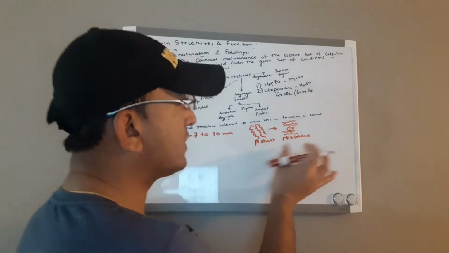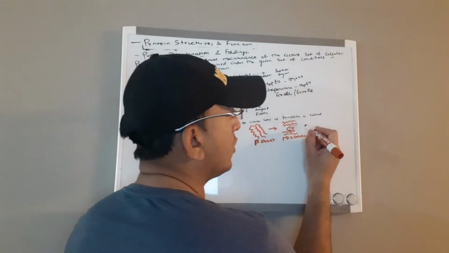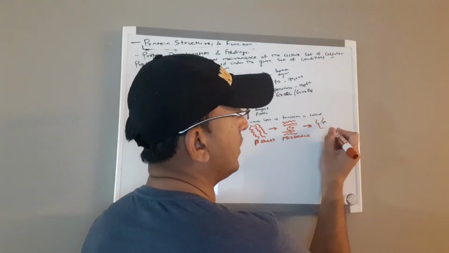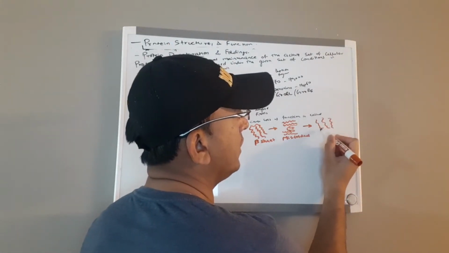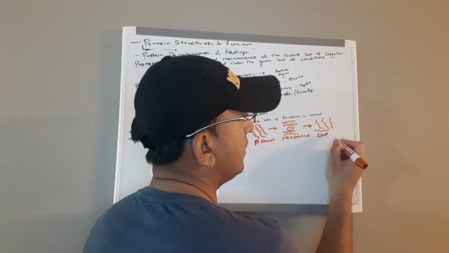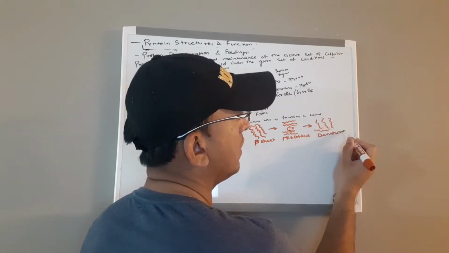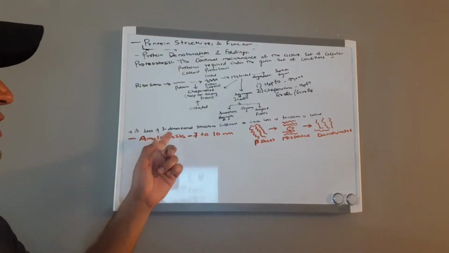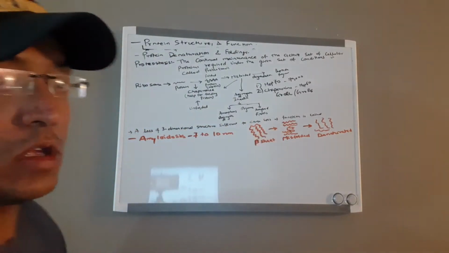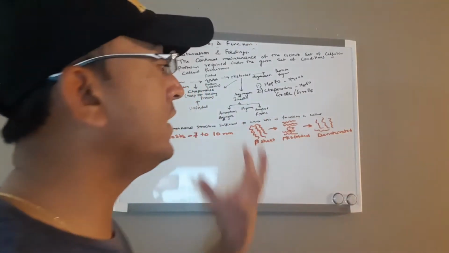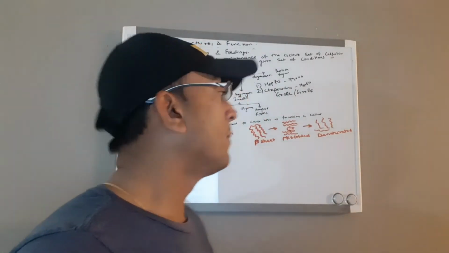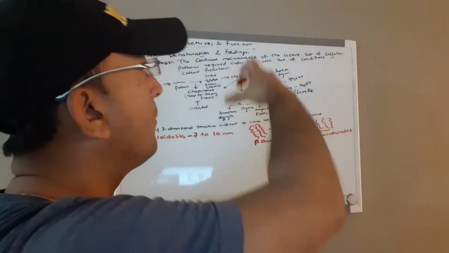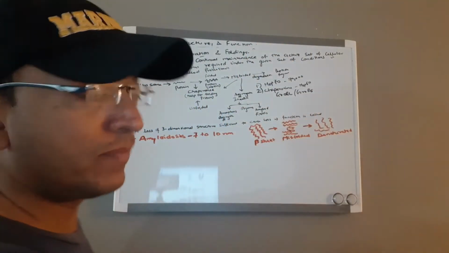Normally if this happens, it should go into a denaturation state, and that's by definition a loss of three-dimensional structure leading to loss of function, right? So it will be denatured, and maybe it will be degraded by one of these methods.